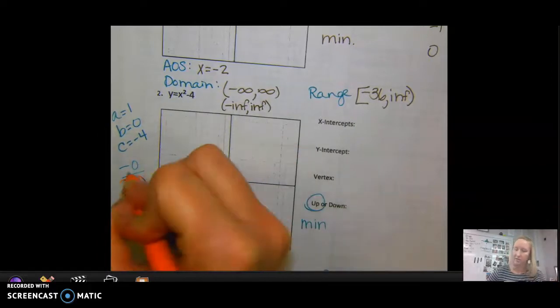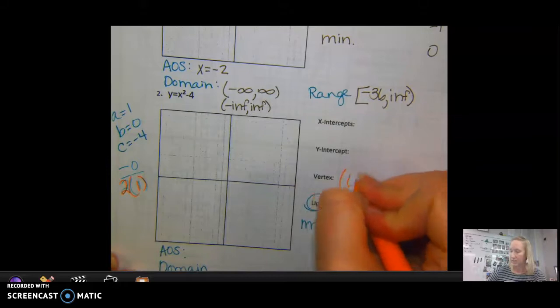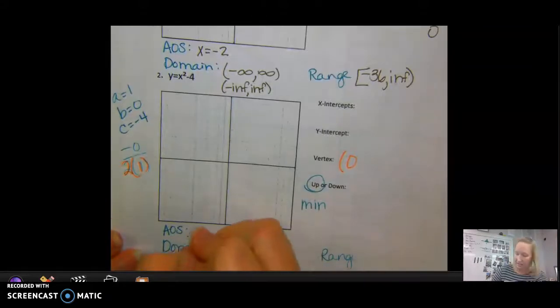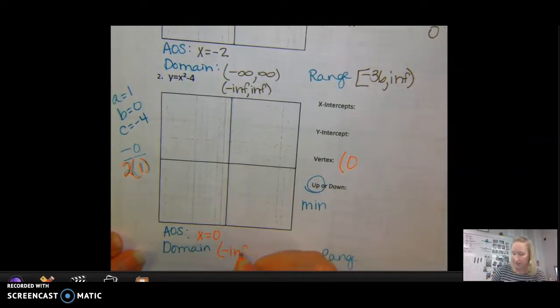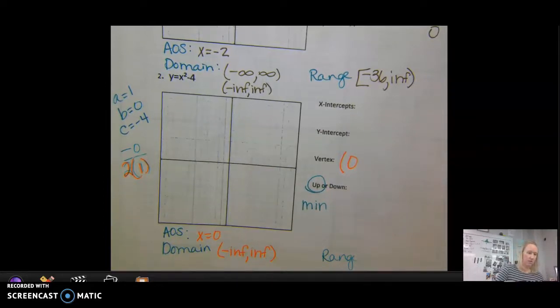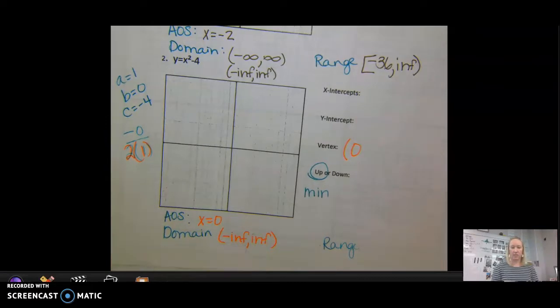Okay, so negative 0 over 2 is just 0, because 0 divided by anything is 0. So my vertex is at 0. That means my AOS is at x equals 0. Domain is always parenthesis negative INF, comma INF. Okay, so domain, AOS, all that.